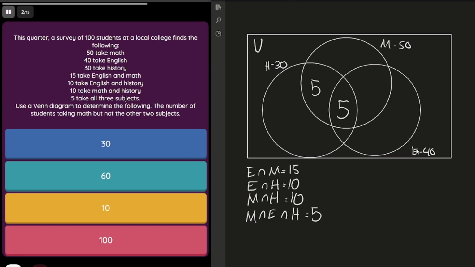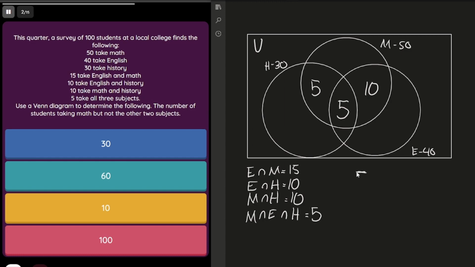Looking at math and English, there are 15 students who take it. 5 of them are also taking history. 15 take away 5, that is 10. We have enough to answer the problem, the number of students taking math only. We have a total. Looking at the math circle, it should equal 50 regardless whether they are taking other subjects.